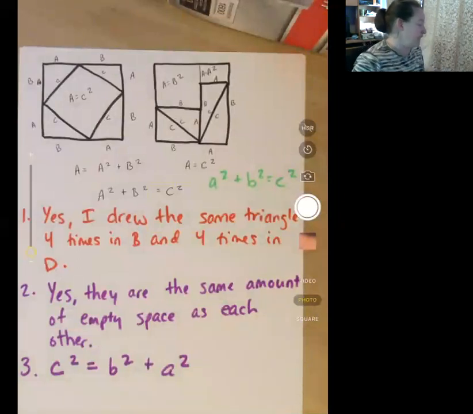Bottom of 378, using the Pythagorean theorem. So they're giving a couple of different triangles and asking you to find the hypotenuse. Then they're giving you a triangle that has one side and a hypotenuse, and they're asking you to find the other side. So let's skip up to number 4.